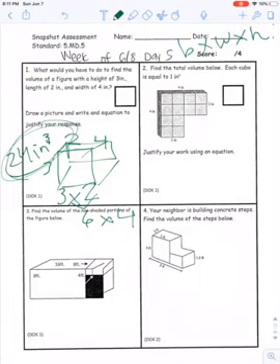All right, find the total volume below. Each cube is equal to 1 inch squared. So I'm just going to break this into chunks so I can work with each of these pieces. If this whole thing is 4, then this would be 2 and this would be 2. Same here, and same here.